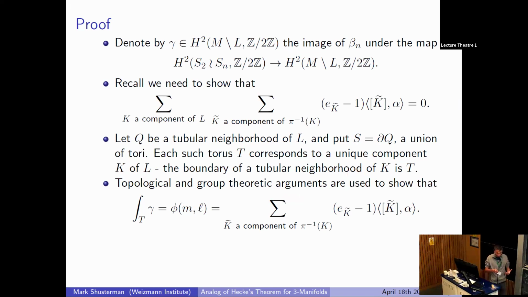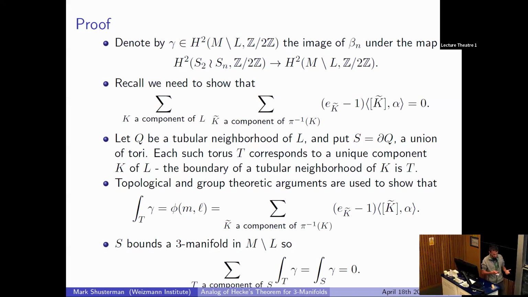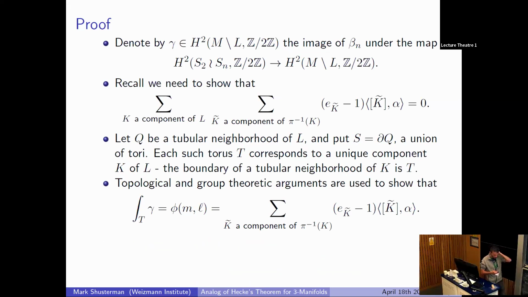And then what you can show is that this integral that I'm talking about over each such torus T is equal to this map phi from the previous slide applied to two specific elements which commute. For these two elements you need to choose a certain meridian and a longitude in the fundamental group of the complement of the knot.